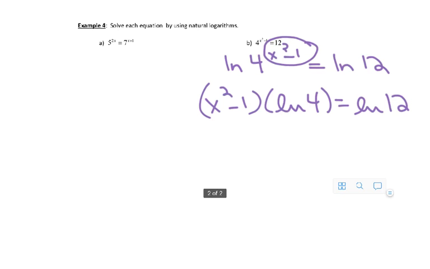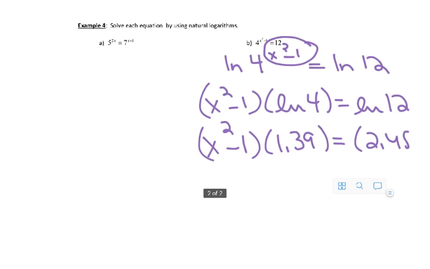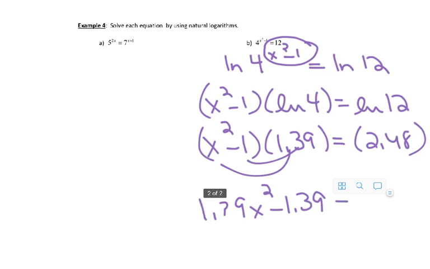So the natural log of 4 is about 1.39. And the natural log of 12 is about 2.48. Then I would distribute: 1.39x squared minus 1.39 is going to equal 2.48.